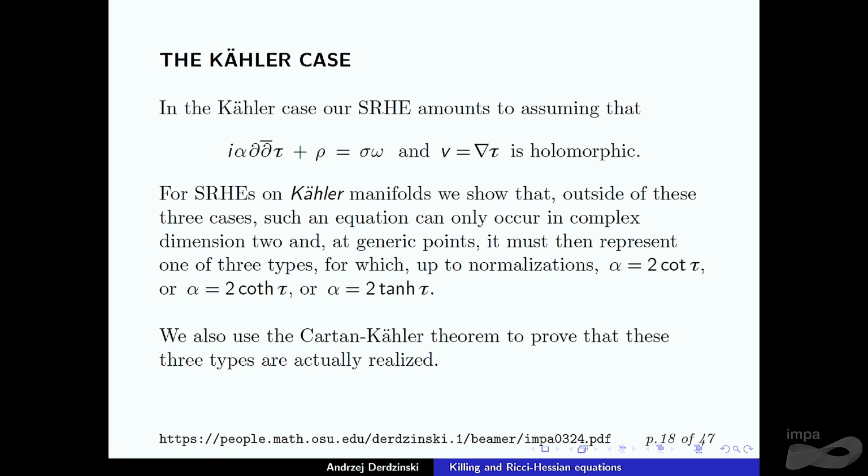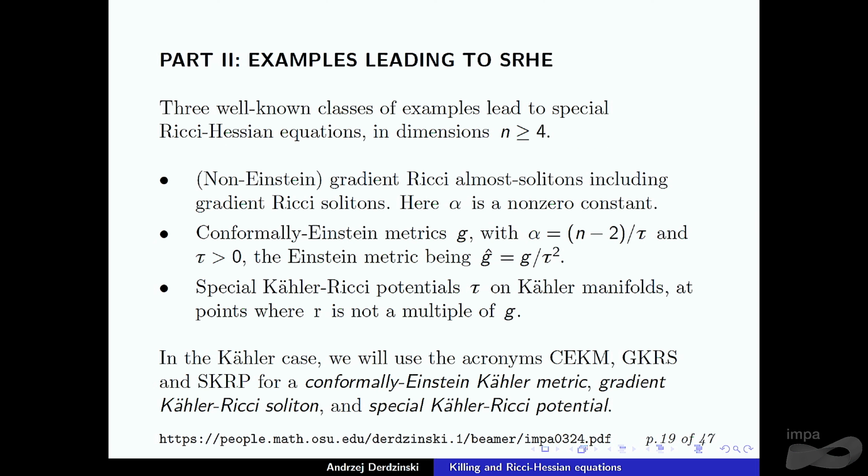Now, there are three natural cases in which such a situation occurs. Because we are already restricting this discussion to the Kähler case, this almost soliton option will not occur. The almost soliton option, in which you have the soliton equation with a function times the metric instead of a constant, in the Kähler case automatically forces the function to be constant because of closedness of the associated (1,1) forms.